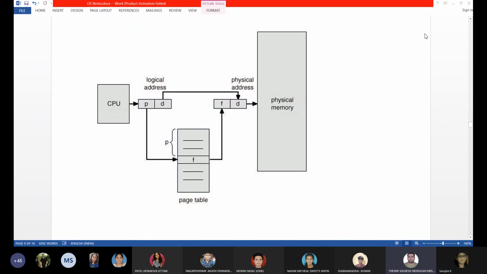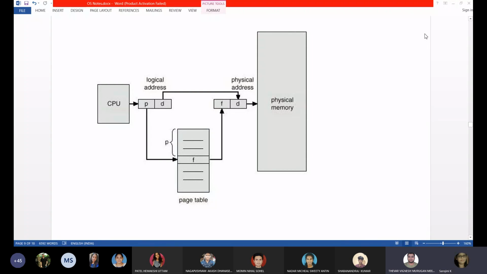In these two techniques, when we store pages or segments in the main memory, we will not store them sequentially. We will not store contiguously. We will store non-contiguously. This is another important point you have to remember.